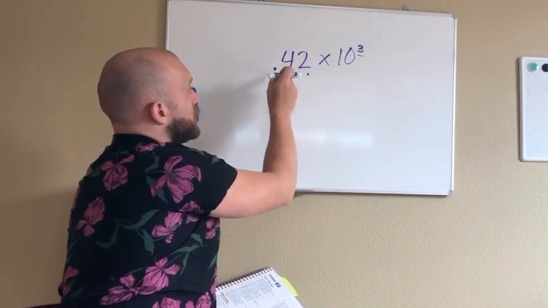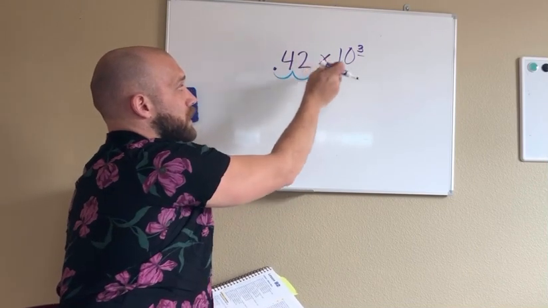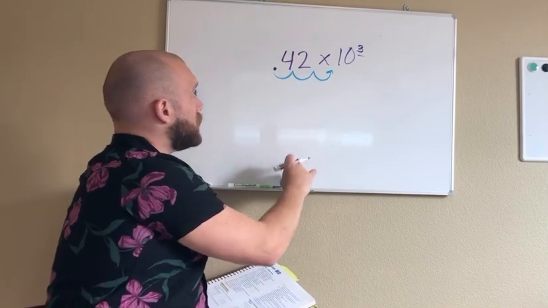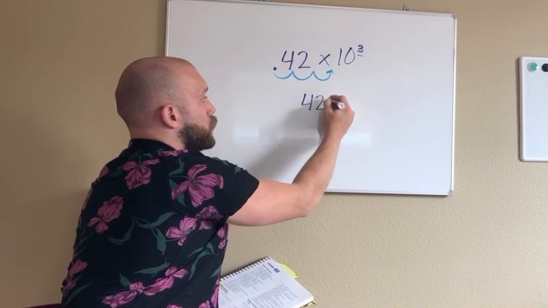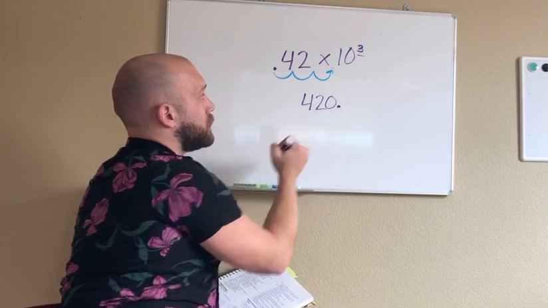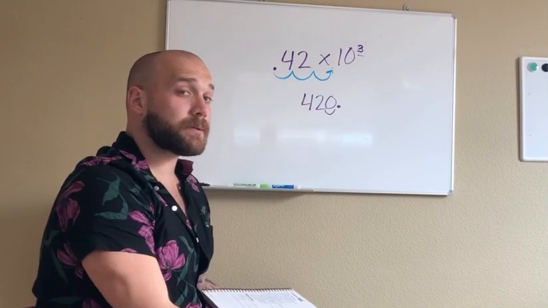So I'm going to move this 1, 2, and 3. Notice there's not a number here. So my new answer is going to be 420 because the decimal got moved to right here. When I moved it over, if there's nothing there, you need a placeholder with a 0.